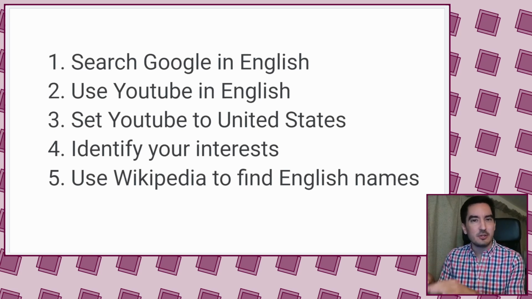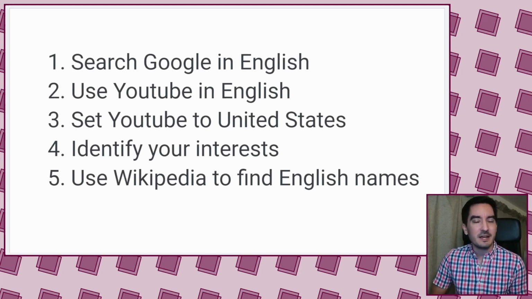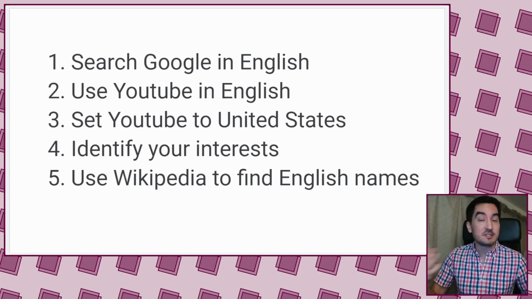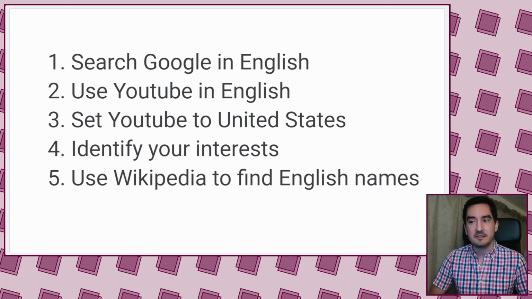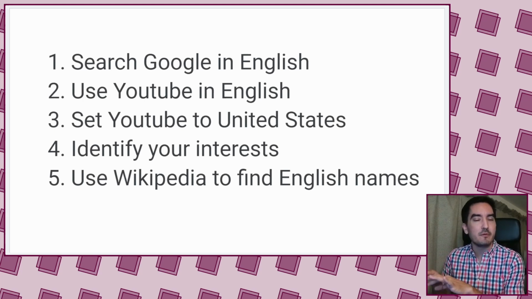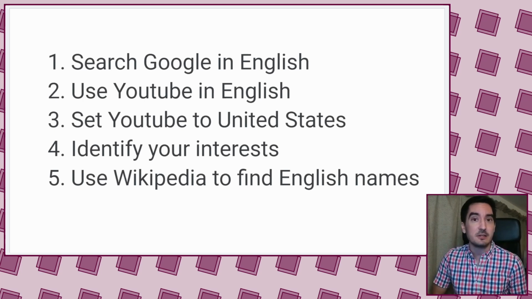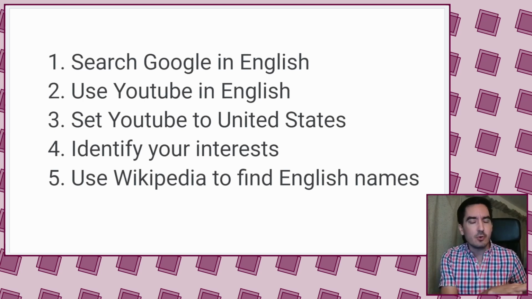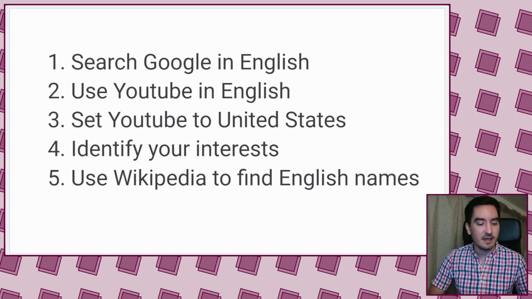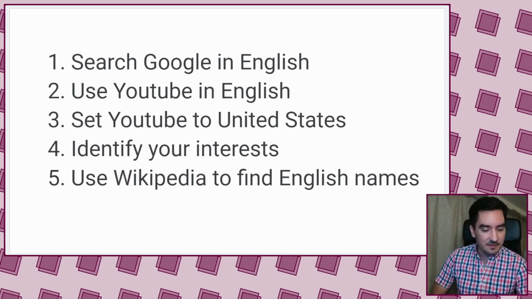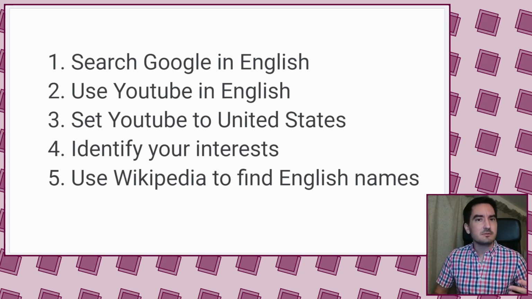If you just go on YouTube or go on Google and search something, a lot of times the results will be in Chinese. Even if you search the name of a movie in English, the results might be from Taiwanese YouTubers. Or if you go on Google and search news in English, there might be news in Chinese that's popping up.